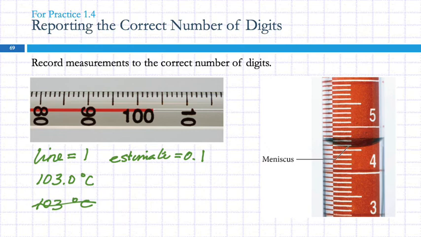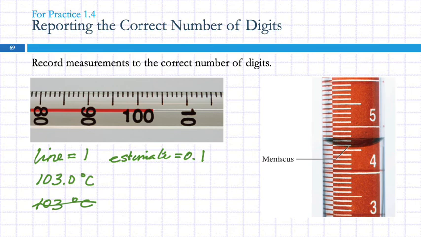Okay? Let's look at this. This is a graduated cylinder. These are milliliters. When we measure the volume of a liquid, it forms this curve at the top. We'll learn in chapter 12, I think, why it does that. But that's called a meniscus. And we always measure the bottom of the meniscus. So that's right there. So first we look at this and say, well, this is 4, and that one's 5. So the smallest lines represent what?